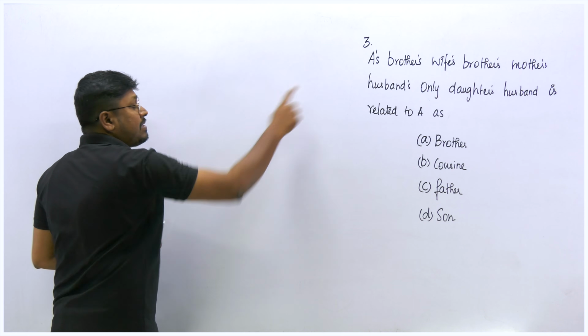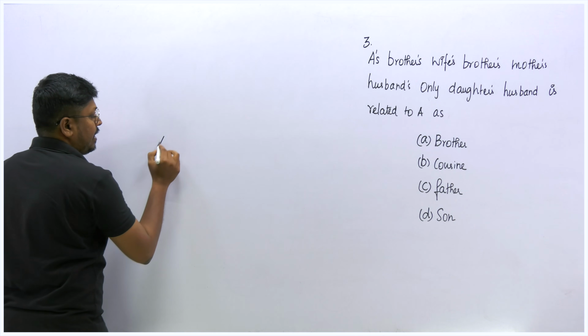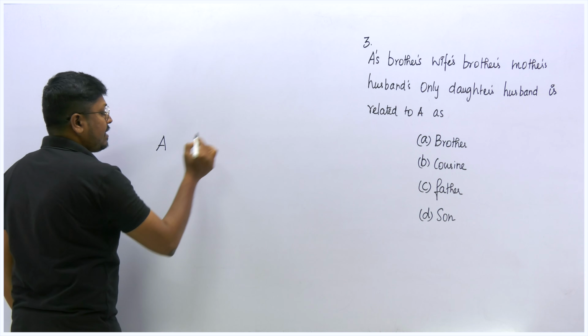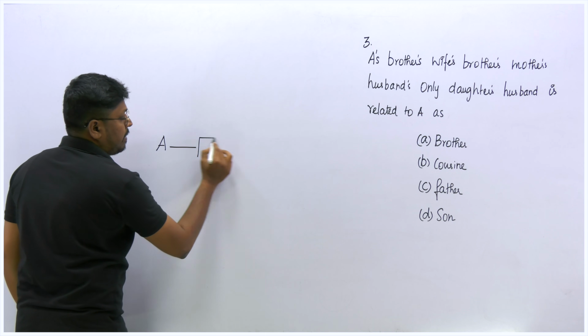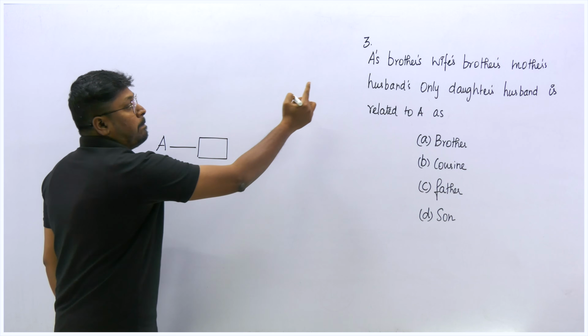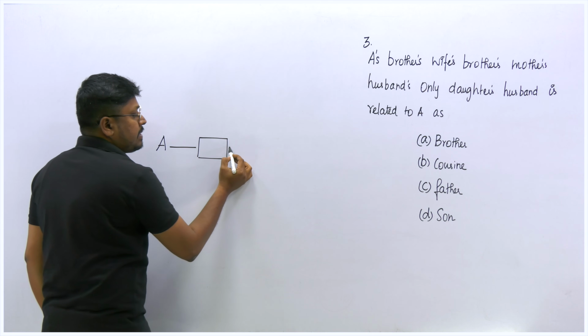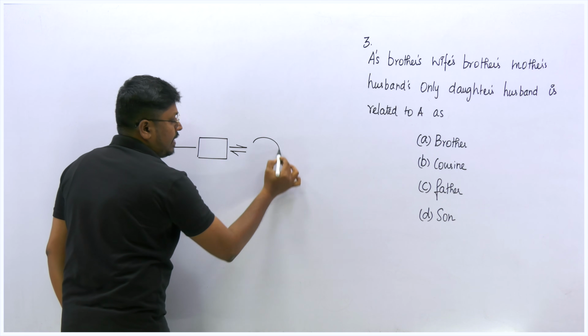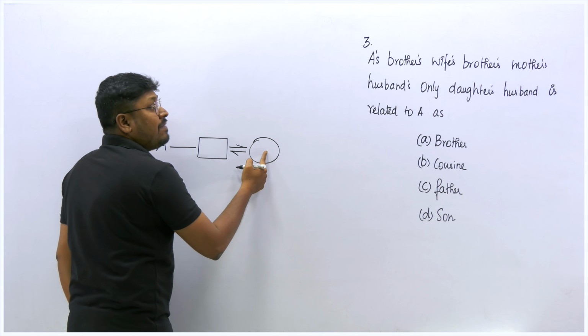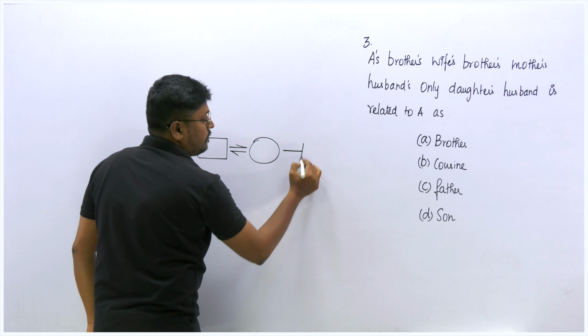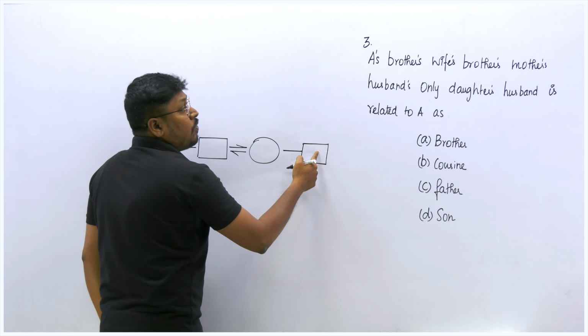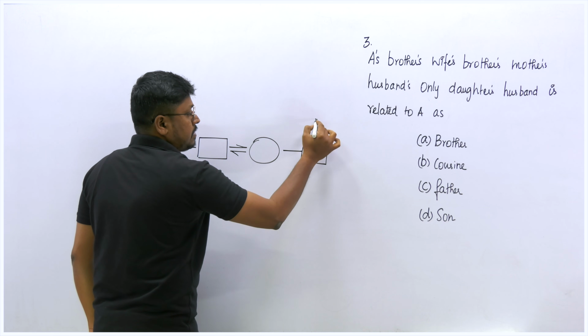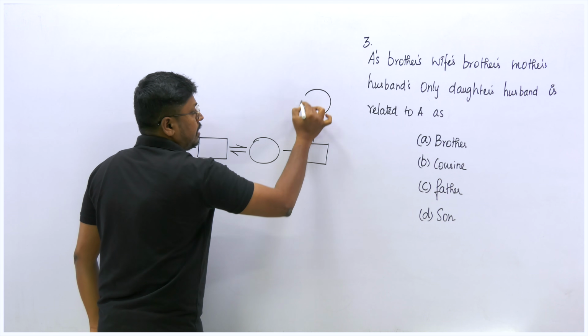First step, A's brother. So first draw A having a brother. Brother's wife, so this person, wife. Draw very slowly. Wife's brother, so this person, wife's brother. Then brother's mother, so brother's mother.